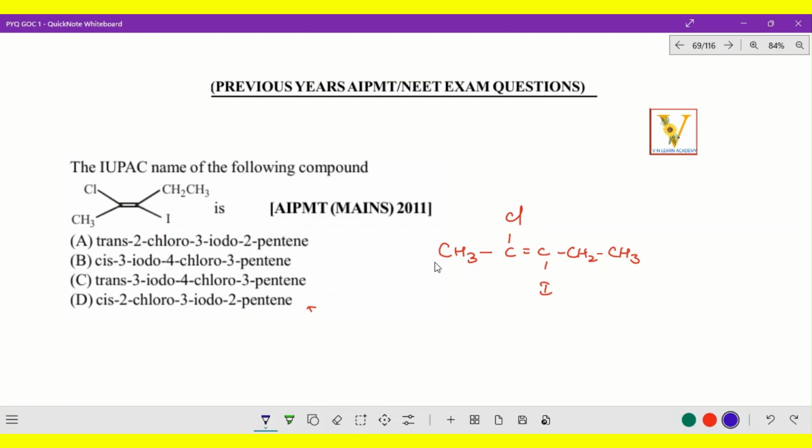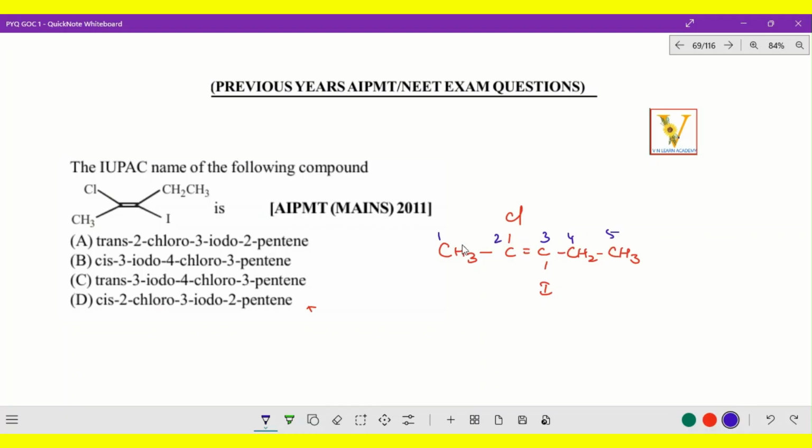Here I have drawn the long chain structure: 1, 2, 3, 4, 5. We cannot give the numbering from the other side, because the substituent groups are on the second and third carbons, so we take the lower numbering.